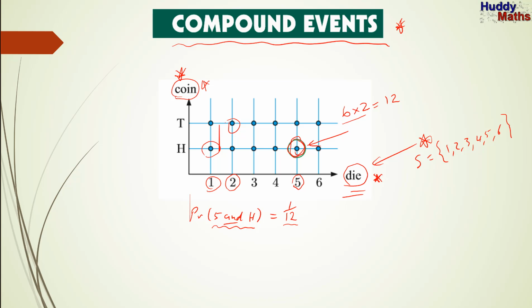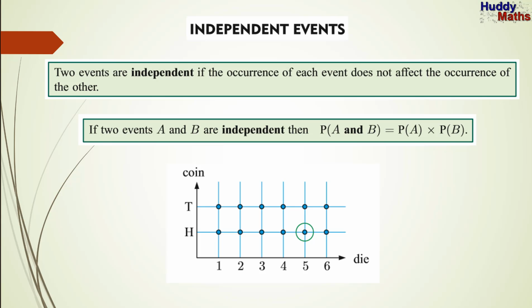All right, well, let's come on down. Here we have it. There is a quicker way. If the events are independent, that is, the occurrence of each event does not affect the occurrence of the other. And that's true about the coin and the die, isn't it? They are not connected in any way.